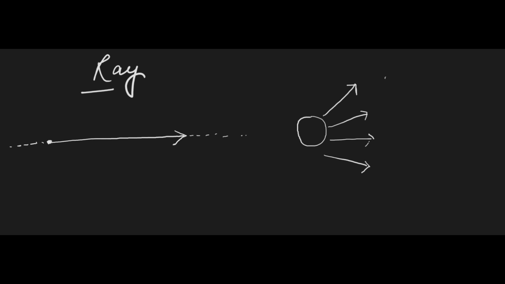These are the sun rays. They will extend infinitely, and a ray has one endpoint, that is the sun. The sun is a fixed point. So this is the best example for the ray.